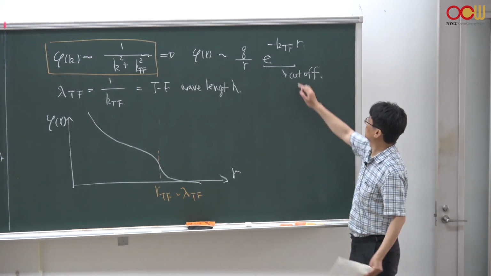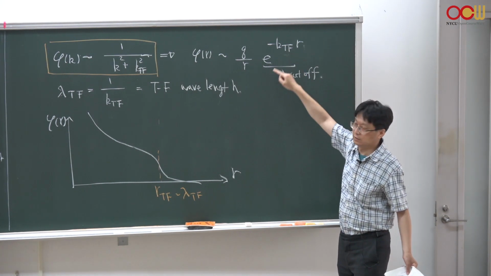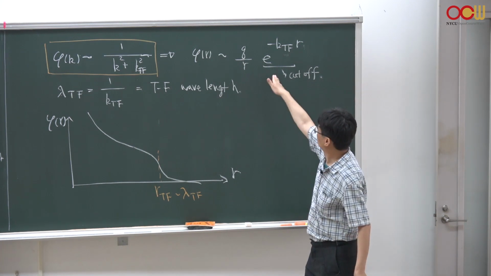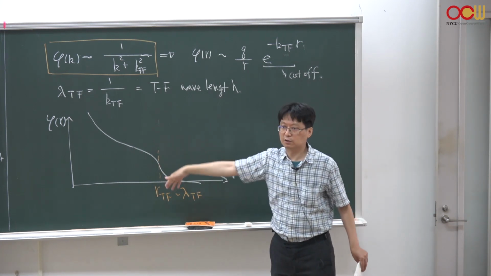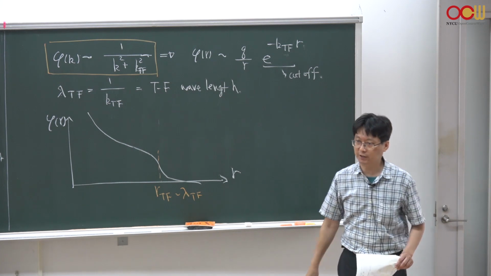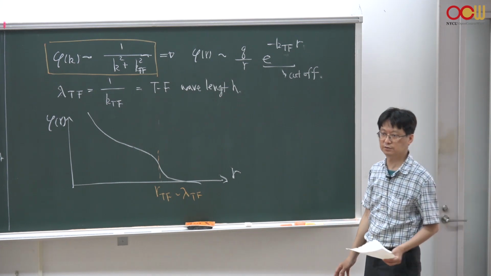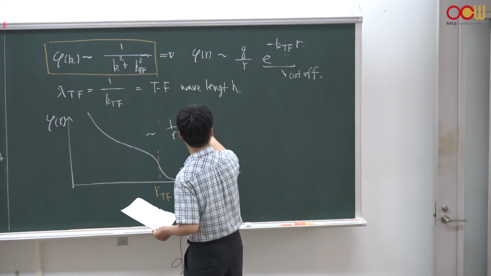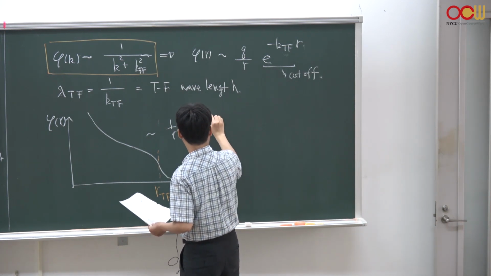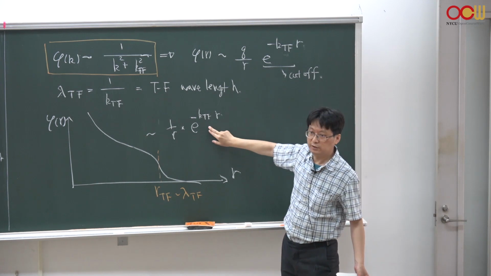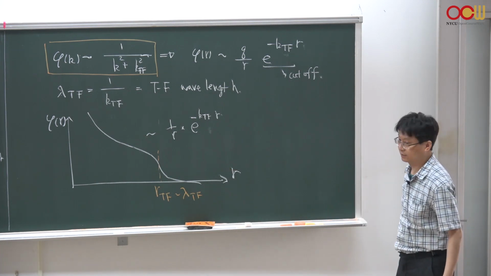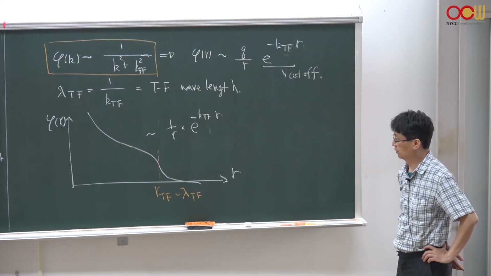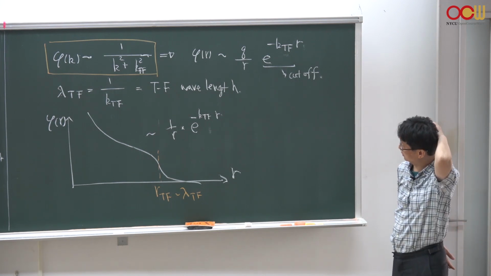So when this r exceeds this lambda Thomas Fermi, then the Coulomb potential gets an exponential decay cutoff. So this is 1 over r e to the minus k Thomas Fermi times r. Here comes the correct decay factor, which describes more realistically what happens in metals.